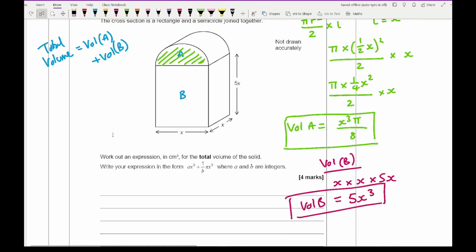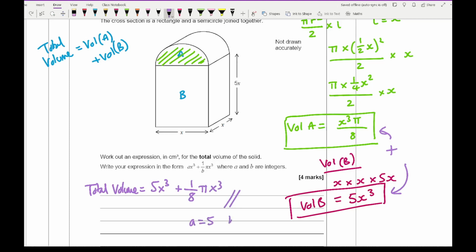So all that's left for me to do is simply add these two together. So here I get that the total volume is going to be 5x cubed plus 1 over 8 pi x cubed. So here my A value is 5 and B is 8. And there we go.